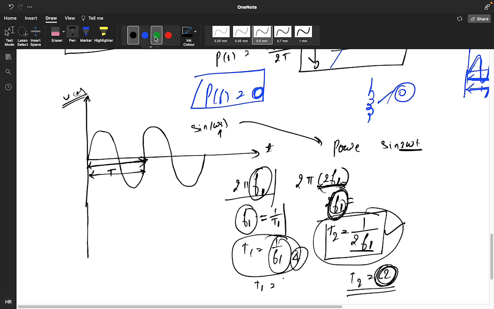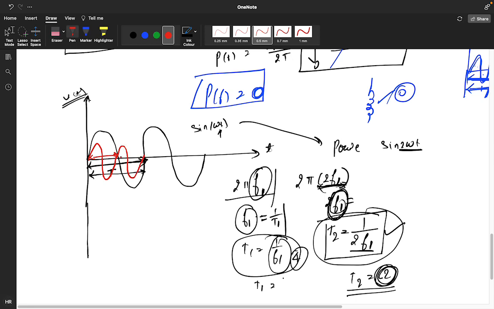So that's why in one time period, one sinusoid is happening for a v of t curve. But if you come to power, it will be twice. This is becoming your time period for power.